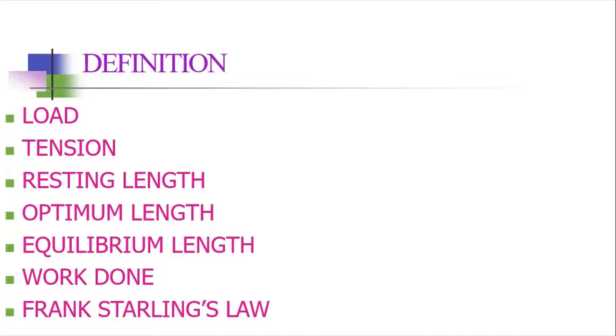So, muscle load and muscle tension are two opposing forces. The load acting on the muscle can be of two types. One is free load or preload, and the other is afterload. A load which starts acting on a muscle before it starts to contract is called free load.